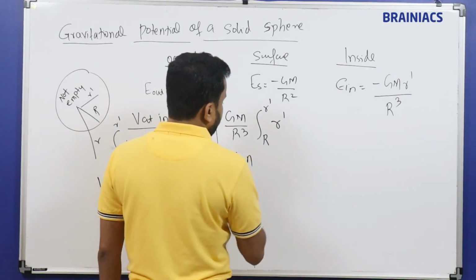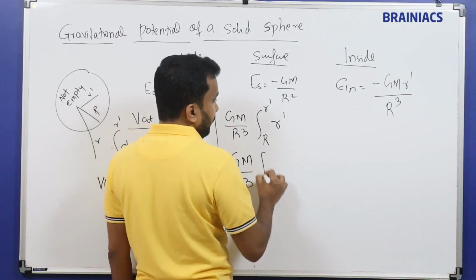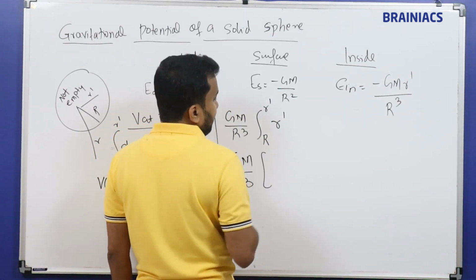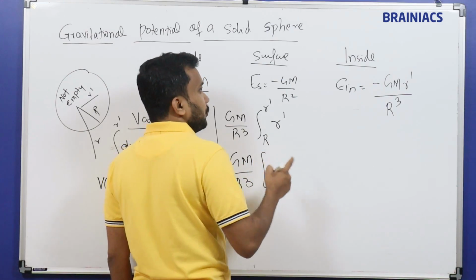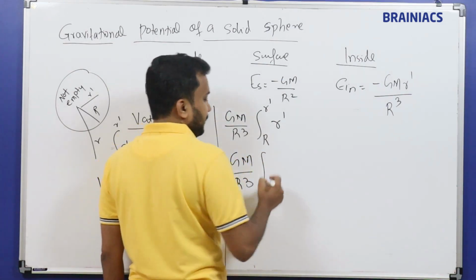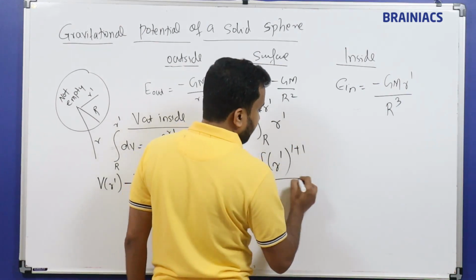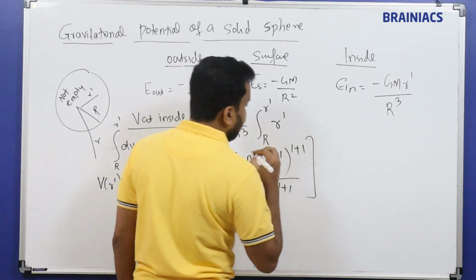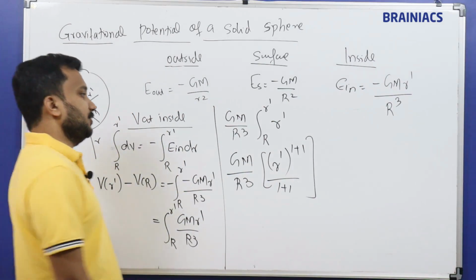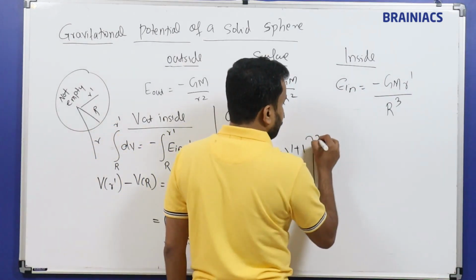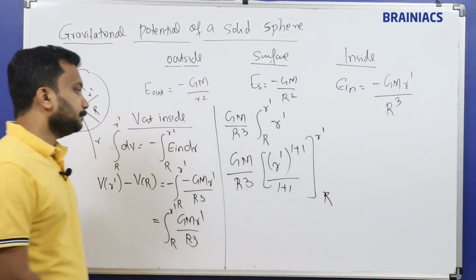So how will you do? GM divided by R cube into integral x. Integral x means x raised to n plus 1 divided by n plus 1. So r dash raised to 1 plus 1 divided by 1 plus 1. What is the limit of integration? Capital R to small letter r dash.